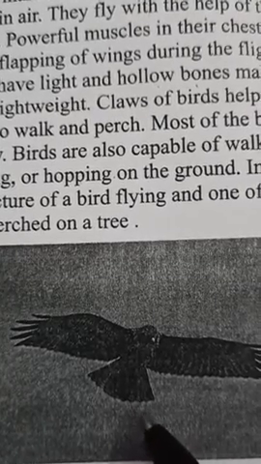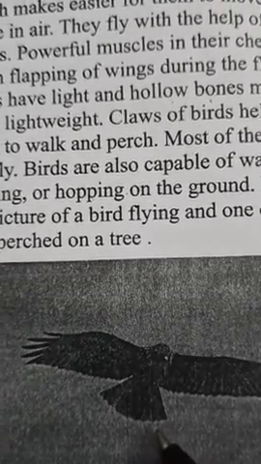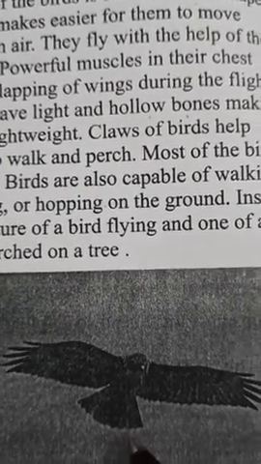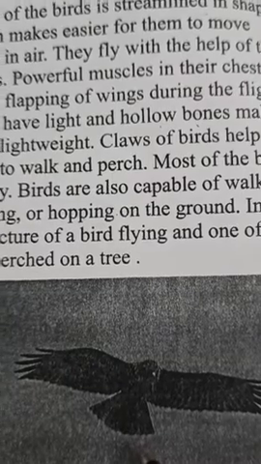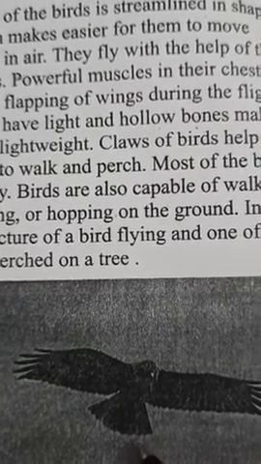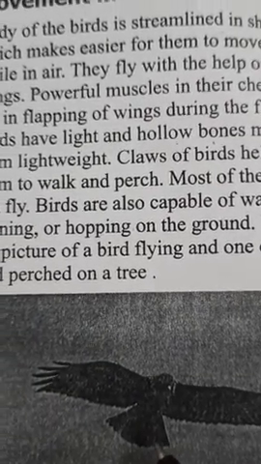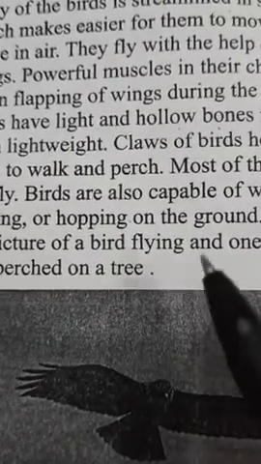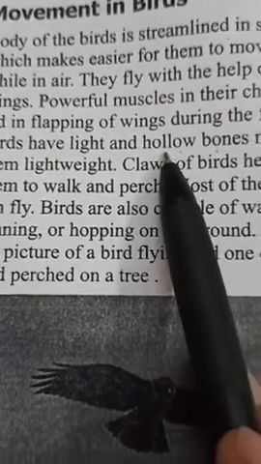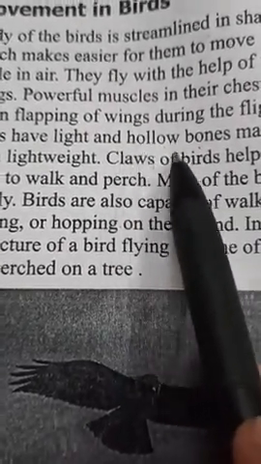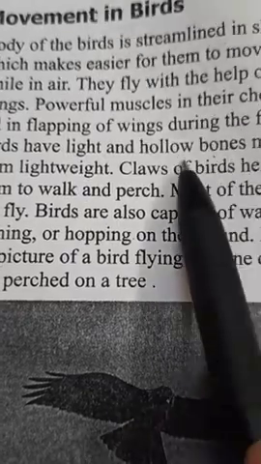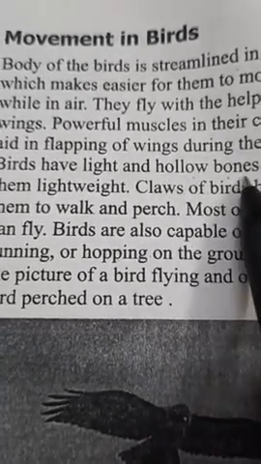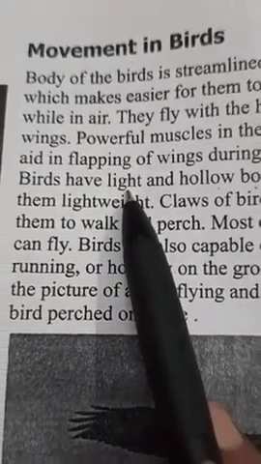Means that material which is a heavy material, and our bones are filled with these kinds of cells, or we can say that material which is present inside our bones. Our bones are not hollow, but जो बर्ड्स होते हैं, बर्ड्स की जो बोन्स होती हैं वो अंदर से खाली होती हैं. Okay, so that is called hollow bones, and because of hollow bones they are light in weight.